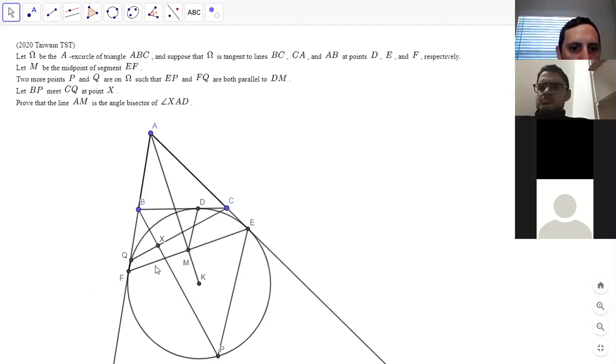So we want to show AX and AD are isogonal, basically. Can we use the isogonal line lemma?